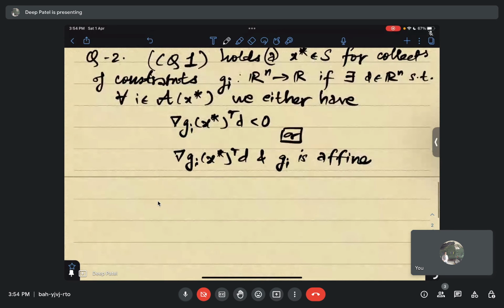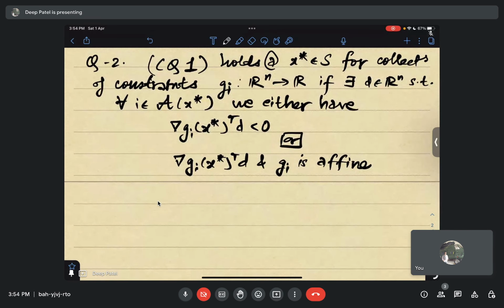So that means either it lies in the interior of the active constraint, or the active constraint is affine, right? If you are in the interior, then the tangent cone will be the full space, right? Because you can approach. Yeah, that's what it means.